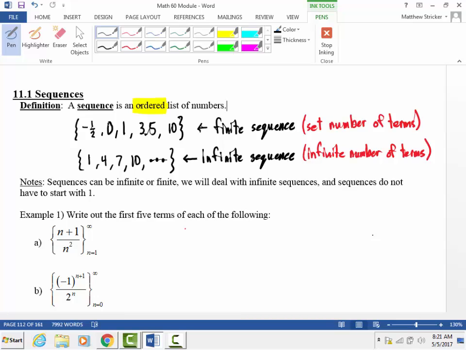So there's actually 5 terms in this one. This again, first term, second term, third term, fourth term, all the way out to an infinite number of terms. A lot of times we label a sequence like this. We'll call it A sub n.